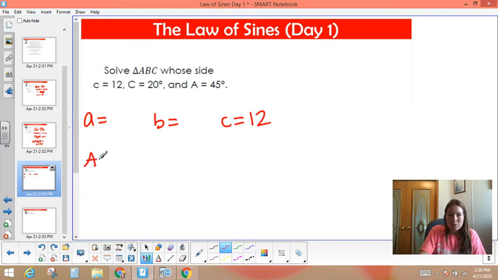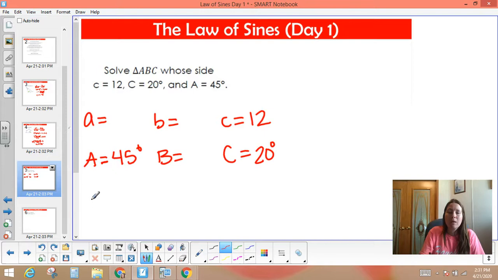I know angle A is 45 degrees. I don't know angle B, sorry. I know angle C is 20 degrees. All right, so I am trying to find these 3 pieces of information.